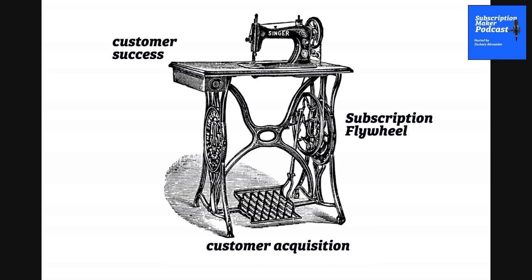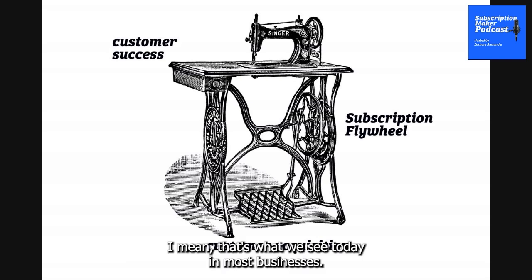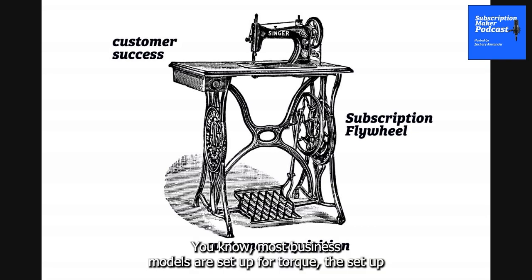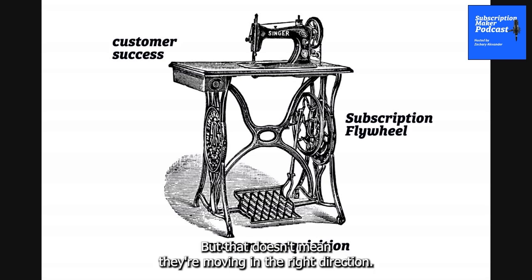It's got torque, the kind of torque that a manual powered machine could never have. I mean, that's what we see today in most businesses. Most business models are set up for torque. They're set up for electricity. They're set up to move at the speed of light, but that doesn't mean they're moving in the right direction.